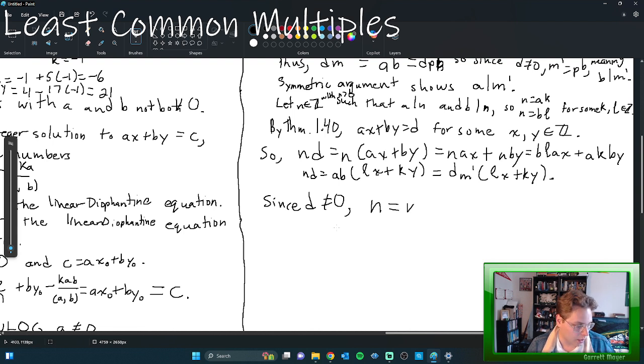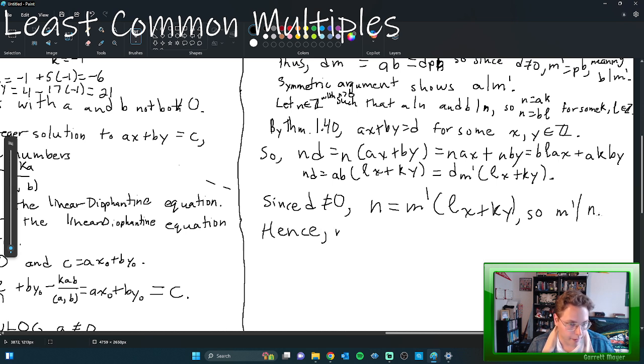n equals m prime times lx plus ky. So m prime divides n. Hence, since both these are positive, m prime is less than or equal to n.